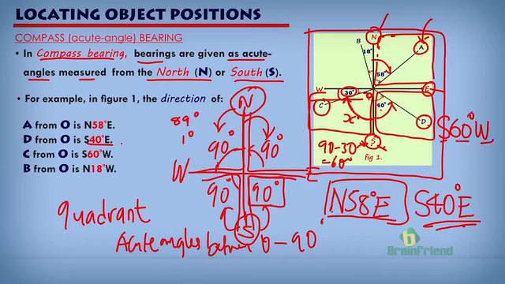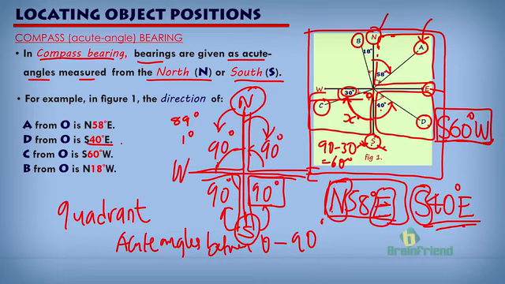Take note that our northern and southern poles always come first when we write the direction. So you always have an S or an N coming first, while the other direction is written at the end. So in this case, we have south 60 degrees west. Let's take a last one.